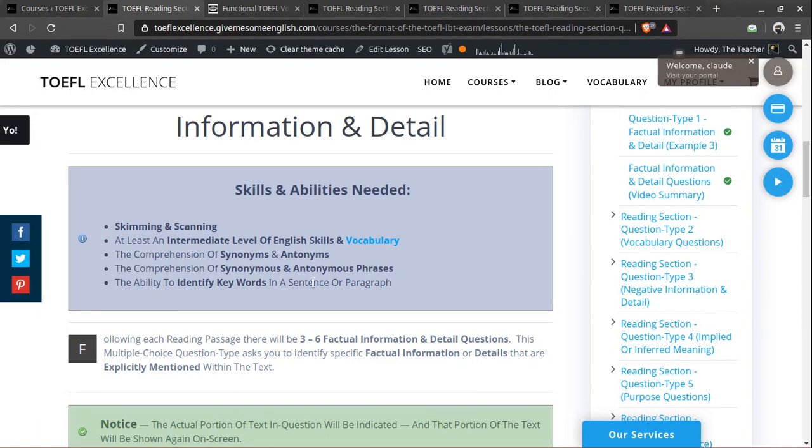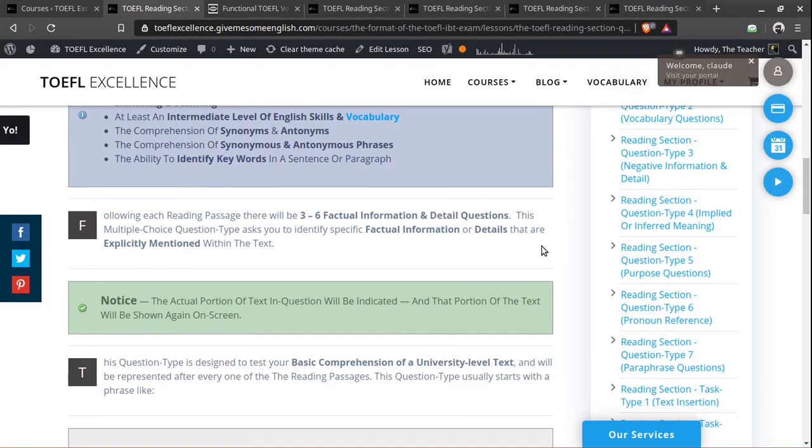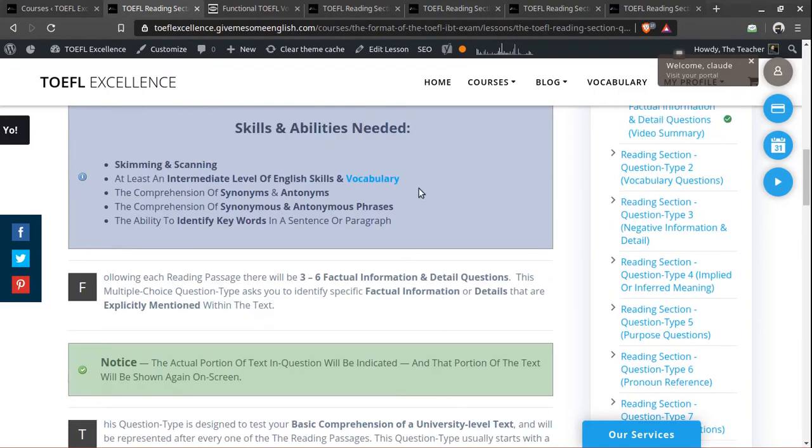That's not a very common word, so there's probably a few different ways that you could pronounce that. But basically, it's going to be with synonyms and synonymous phrases, sometimes antonyms. You also need to be able to identify keywords, both in the reading passage, in the question stem, that's the part that actually asks the question, and also in the answer choices. So those are all the skills and abilities that you need for this particular question type.